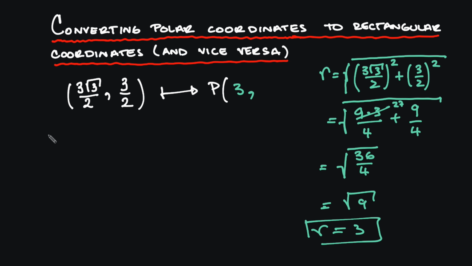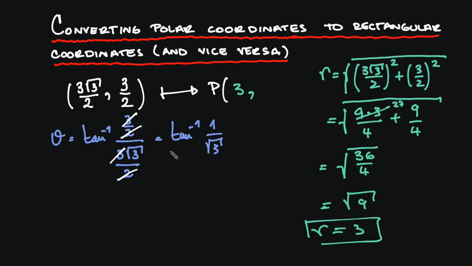So theta will be equal to inverse tangent of y, that is 3 pi over 2, over x, that is 3 square root of 3 over 2. We can cross out these 3's, we can cross out the 2's, and we get that inverse tangent is going to be equal to 1 over the square root of 3.